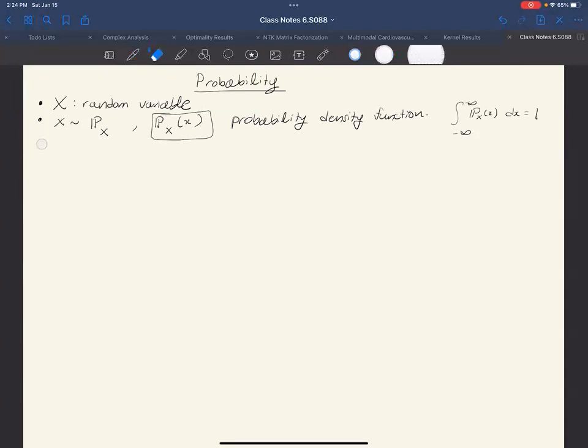I would expect you to know what the expectation of a random variable is, and maybe I'll write it here as expectation of X. I would also expect you to know what moments are, which is just the expectation of higher order values of a random variable.